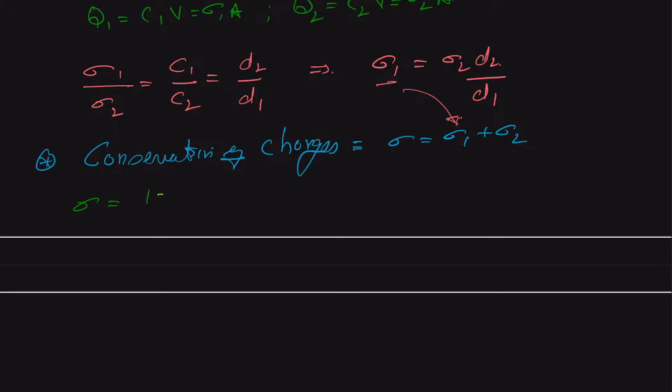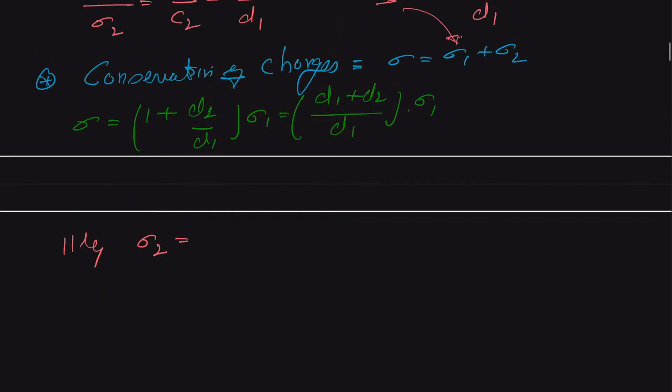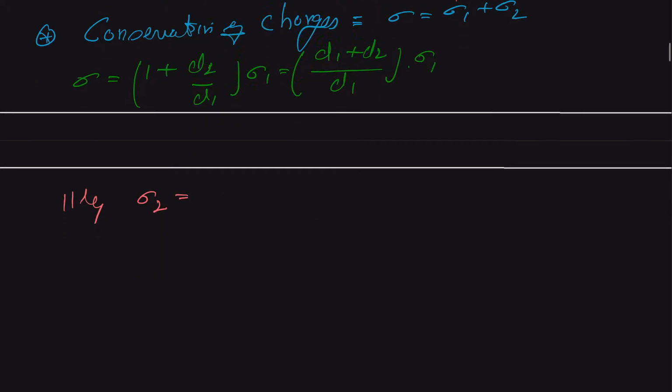This will be coming as 1 plus d2 upon d1 times sigma 1, or we can also write this as d1 plus d2 divided by d1 times sigma 1. And similarly, we can write that our sigma 2, one second, okay, we need to find out sigma 1.